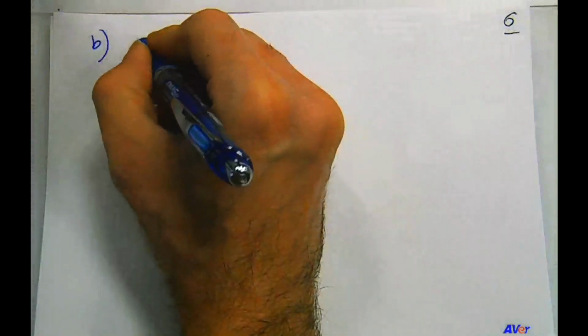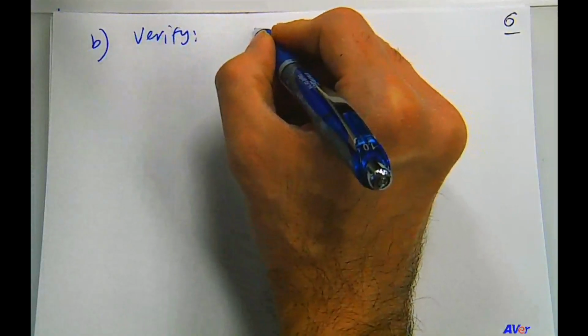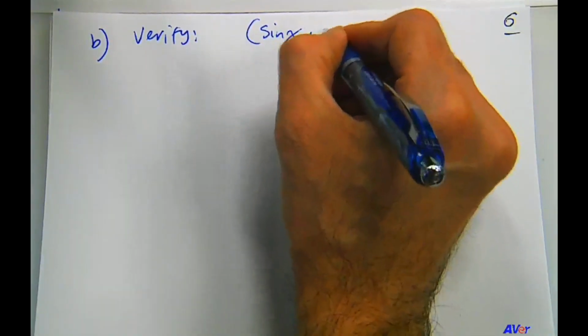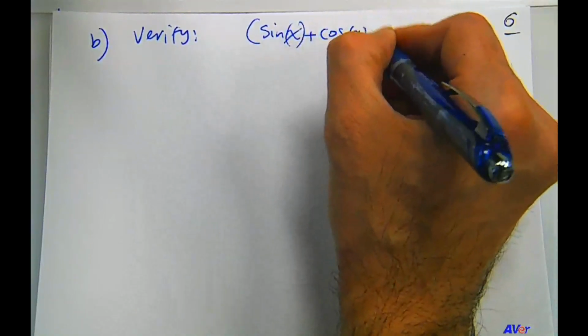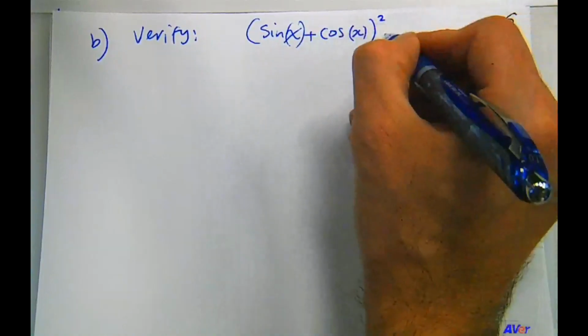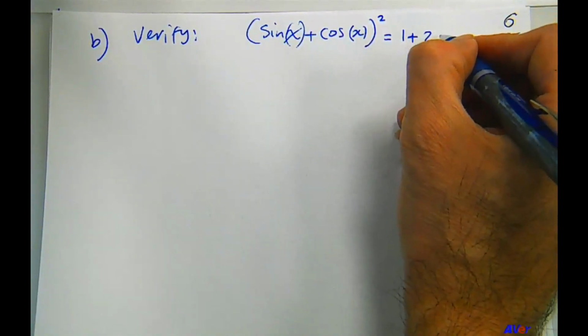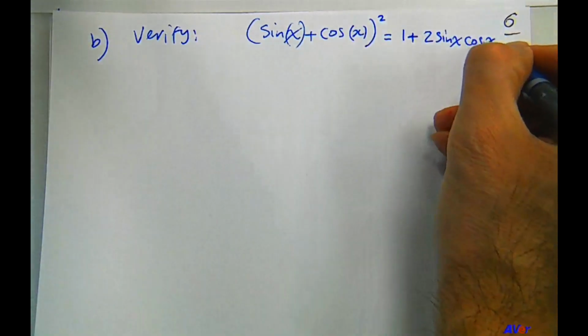Suppose we want to now verify this equation. So let's call this B. Verify (sine of x plus cosine of x) squared equals 1 plus 2 sine of x cosine of x.